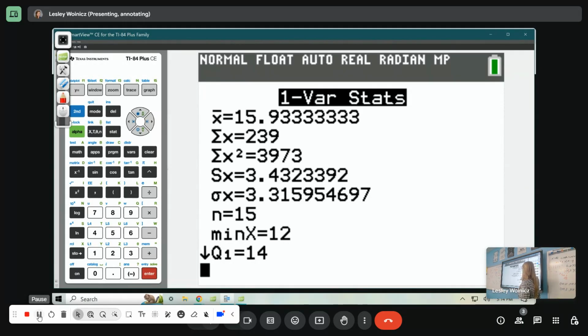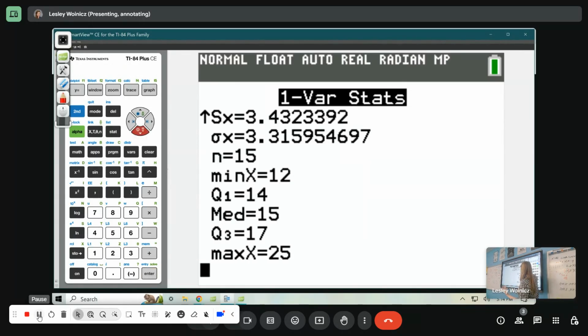Okay, we'll come back to this stuff later. This is telling me my average. The x-bar, the X with the little bar over it, that's our mean. The n here is telling me the number of elements in my list. It's another way to count them.